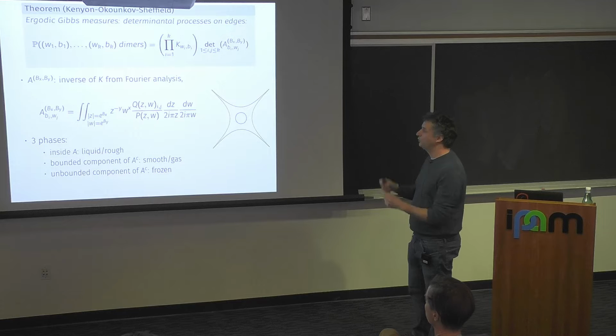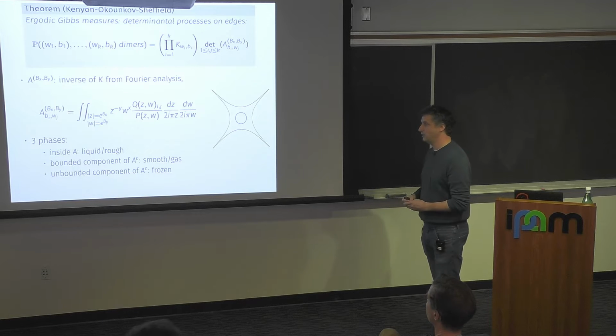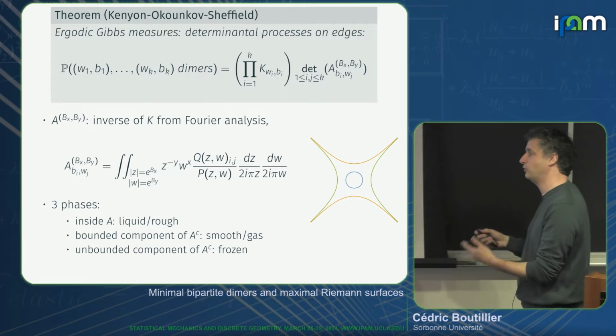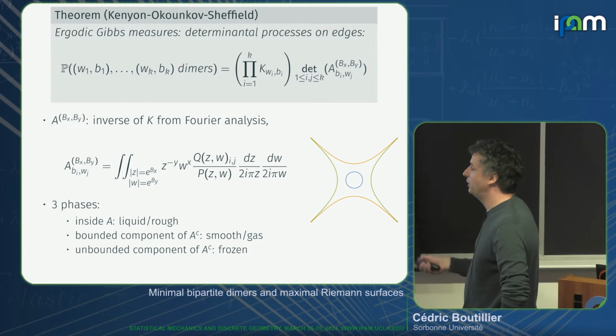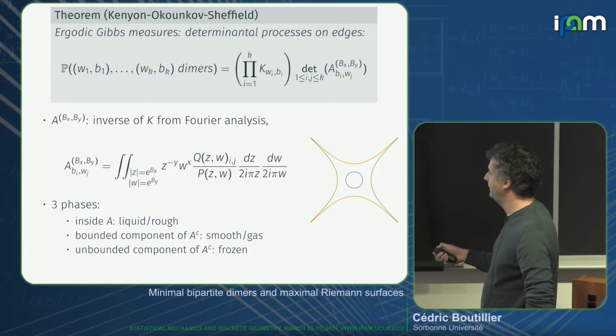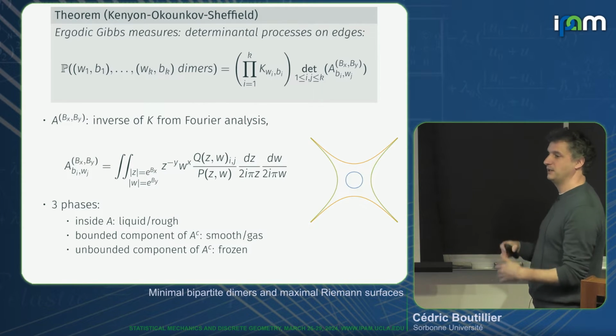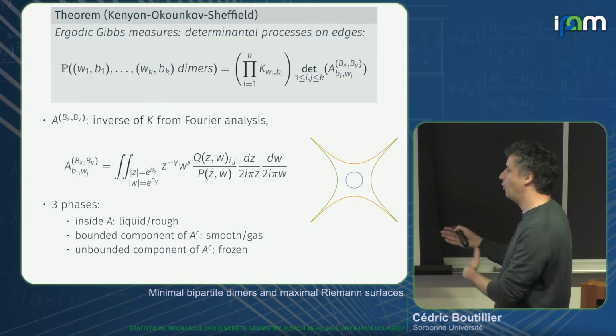In this case, the correlation between edges decays polynomially. If you are in a bounded component of the complement of the amoeba, for example inside this blue curve here, you are in the smooth or gas phase. And if you are in an unbounded component, you are in the frozen situation, so some edges will appear either with probability 0 or 1.